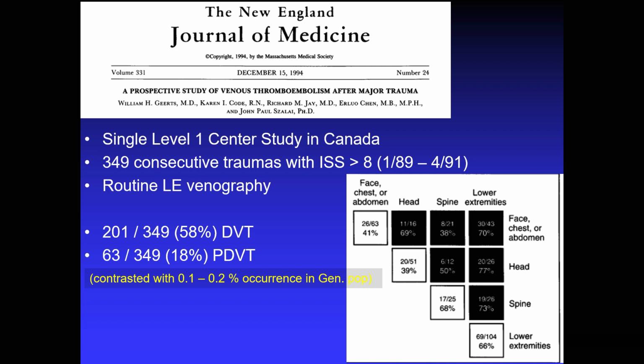And they observed a 58% incidence of lower extremity DVT and an 18% occurrence of proximal lower extremity DVT in the absence of any VTE prophylaxis. And this certainly contrasts dramatically with a 0.1 to 0.2% incidence in the general population.